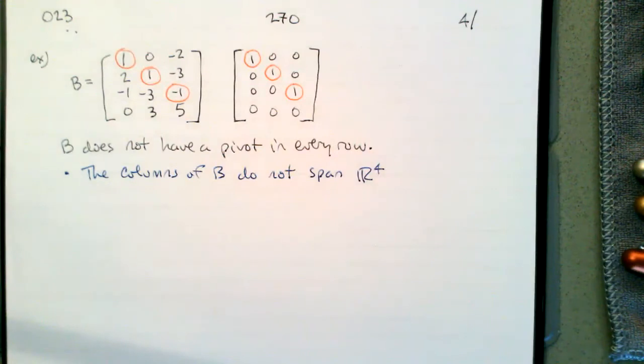Note that the columns of B are in R4 because they have 4 entries. So whatever you build out of the columns of B, it's going to be in R4.